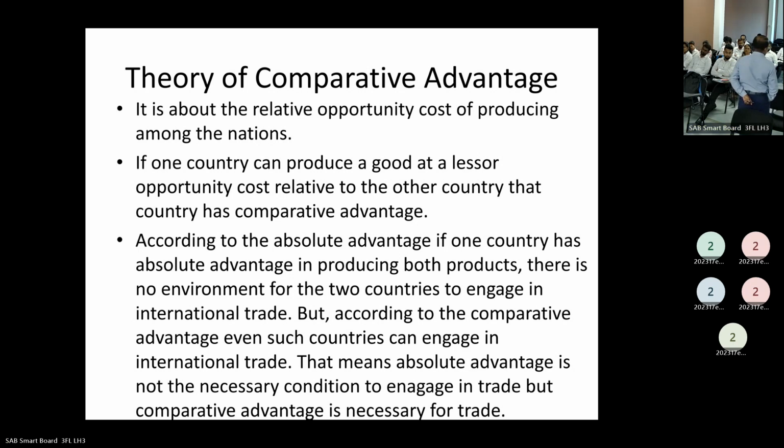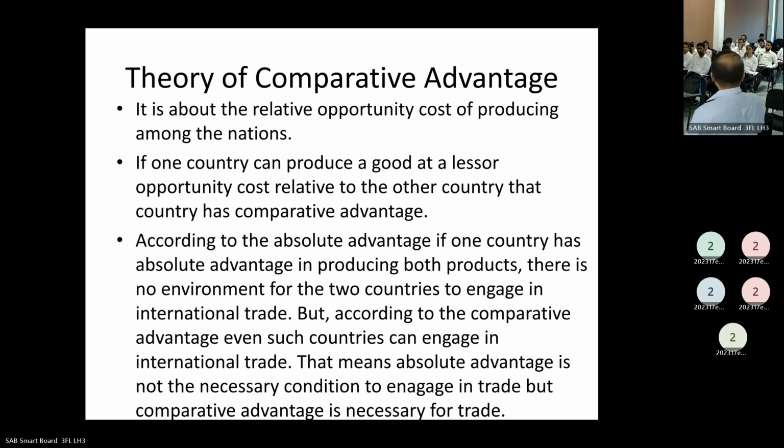Then what happens? Can there be trade? There cannot be trade. There is no favorable environment for trade. Trade is impossible in that case, according to the absolute advantage. One country has absolute advantage in producing both products, and the other country has absolute disadvantage in producing both products. So trade cannot take place between the nations according to the absolute advantage.